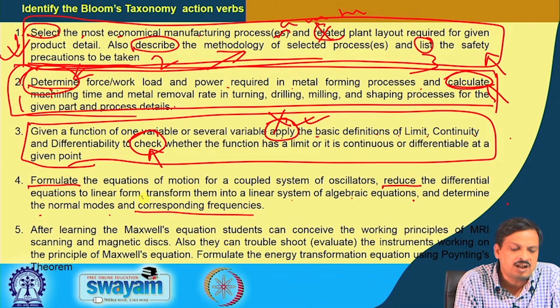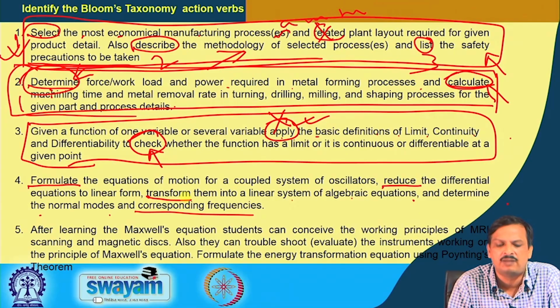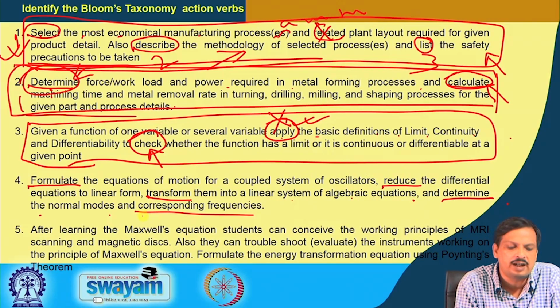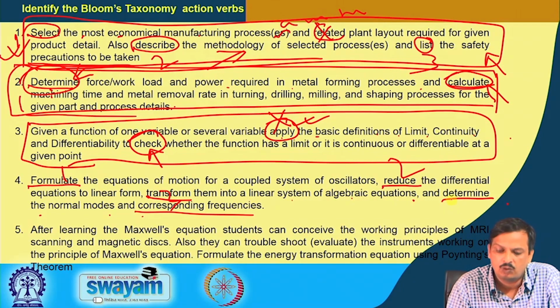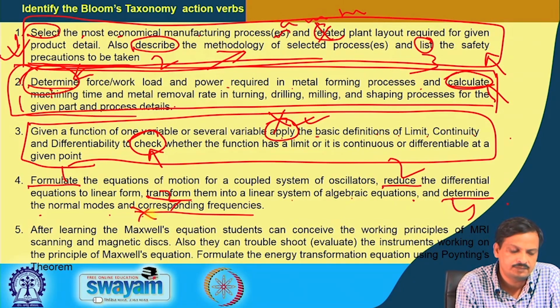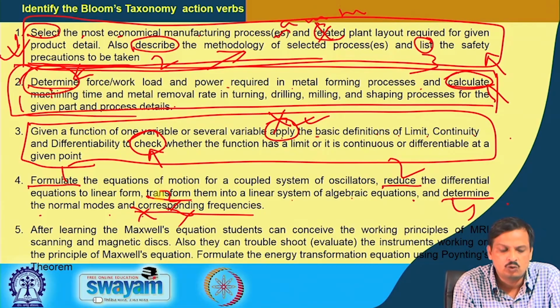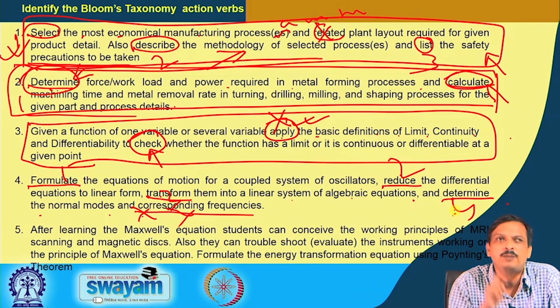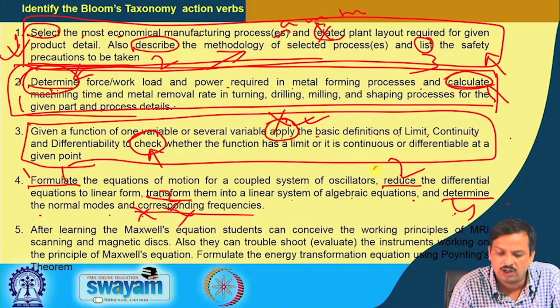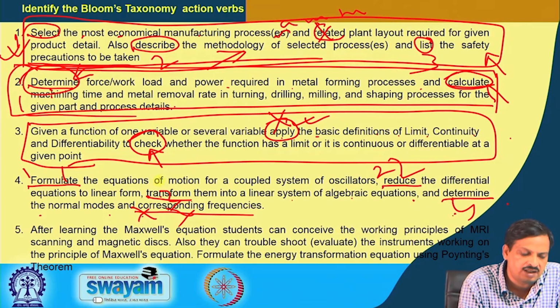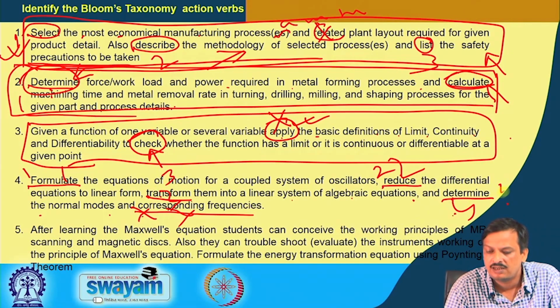Third one is transform them into a linear system of algebraic equations, and determine. So, there are 4 action verbs. First one is formulate, second one is reduce, third one is transform, fourth one is determine.